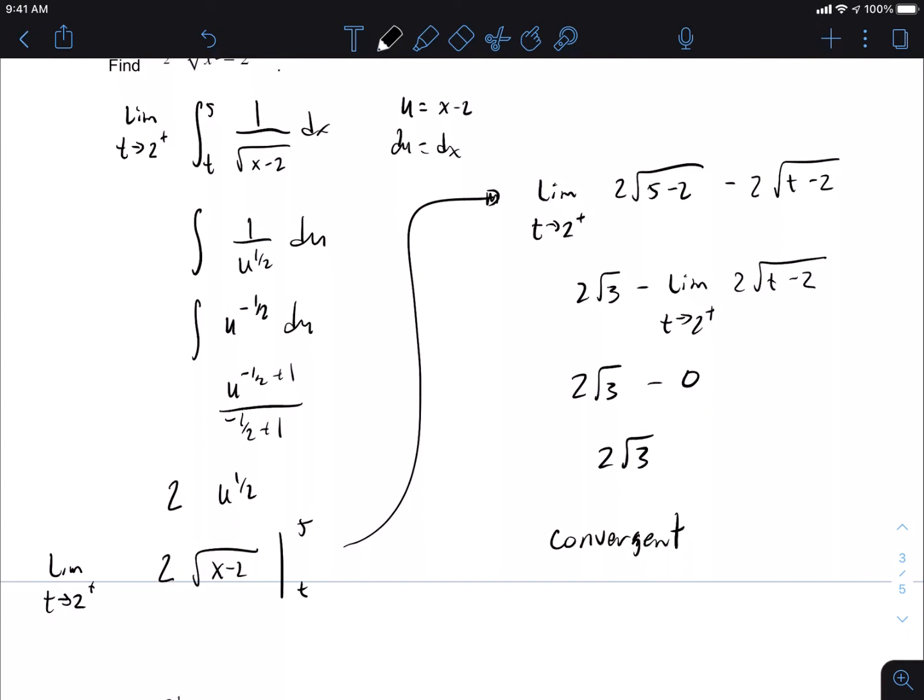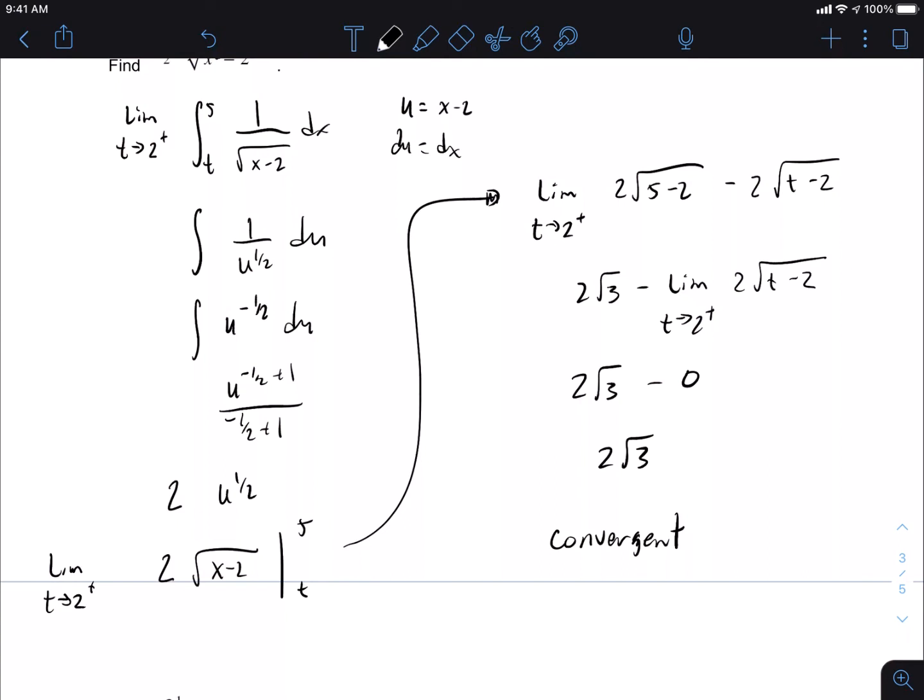It's 2 root of 3. I probably wouldn't ask you whether it's convergent or not, because having the fixed value tells you it's convergent. It's not going to be convergent when the limit does not exist or the limit goes to positive or negative infinity. Are we okay with that?